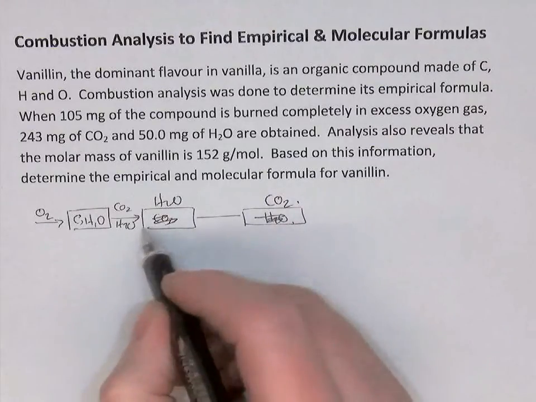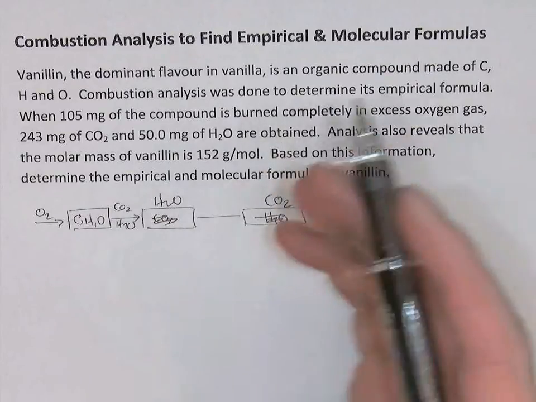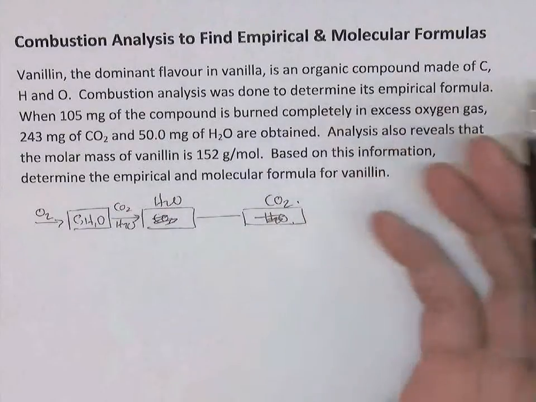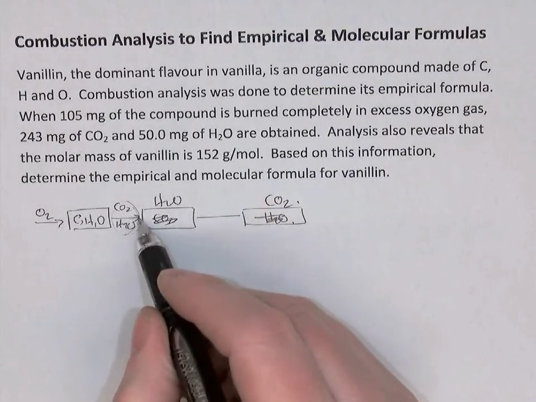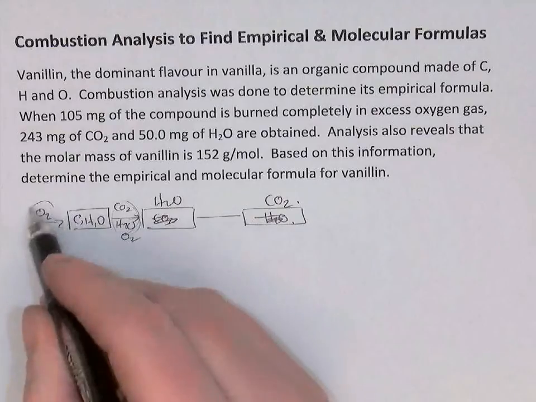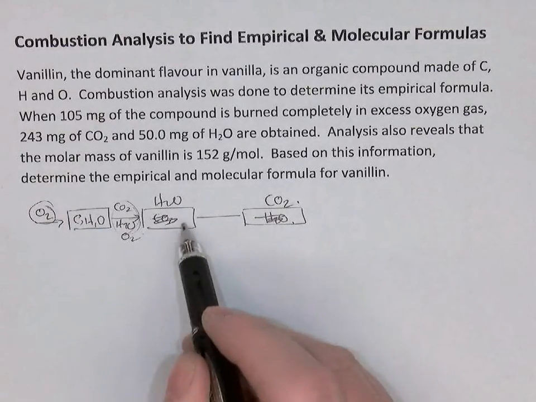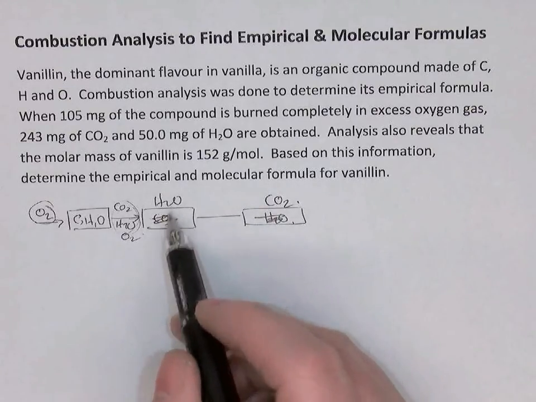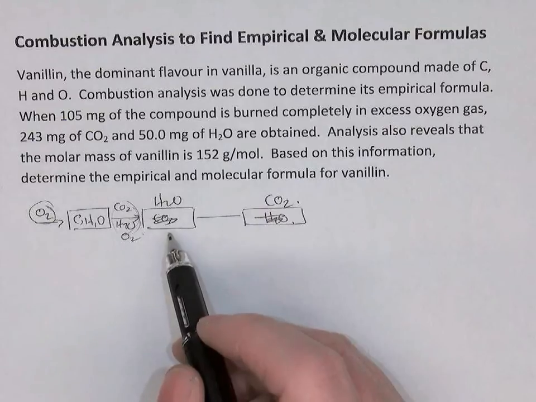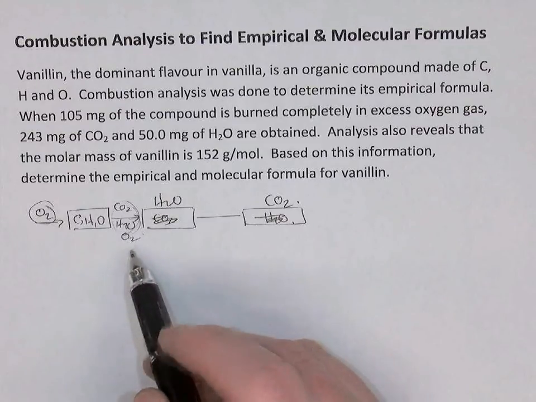So what we would do is put into the first container something like an anhydrous form of a hydrated salt. As these gases, CO2 and water, and excess oxygen, remember we put oxygen in to burn it, pass through this chamber, which contains anhydrous salt, the anhydrous salt absorbs water. If we measure the mass of the salt before and after, we can figure out how many grams of water were produced in the combustion.